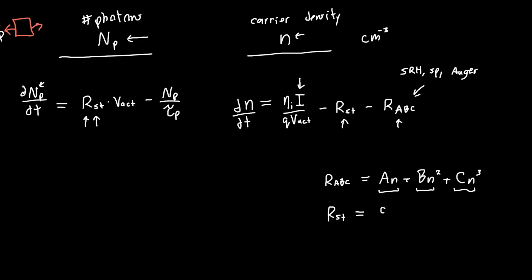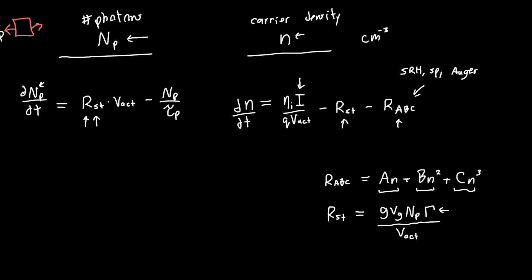This, we said, was just whatever gain we've got in the material times our photon group velocity times the density of photons in our entire cavity. So we need to divide this by the photon volume. But we can also rewrite that in terms of gamma and the active region volume.